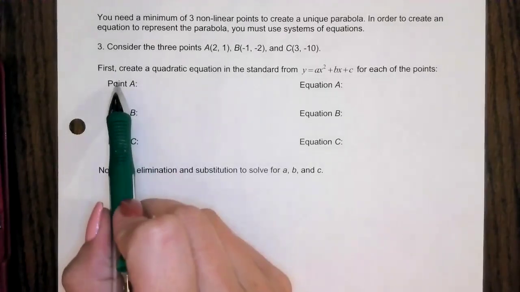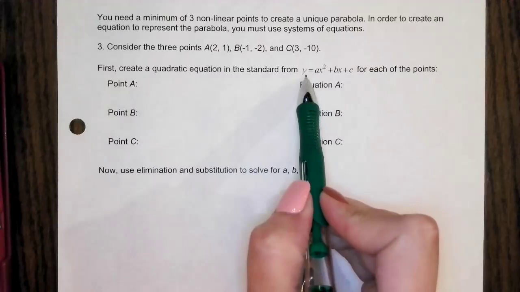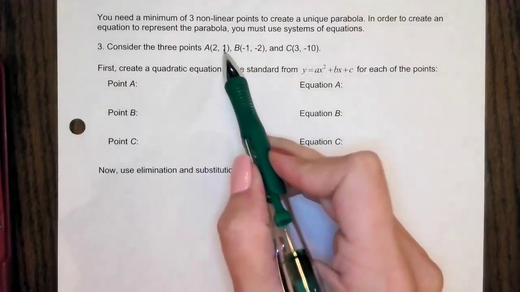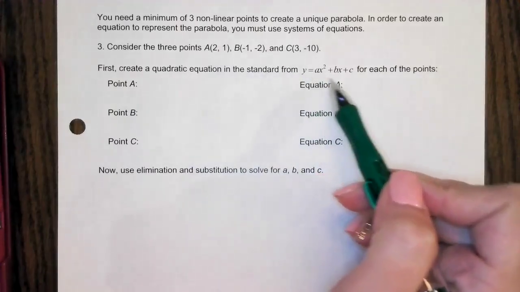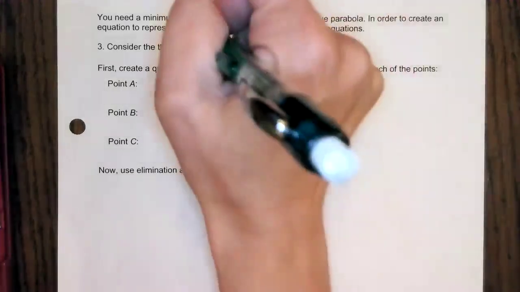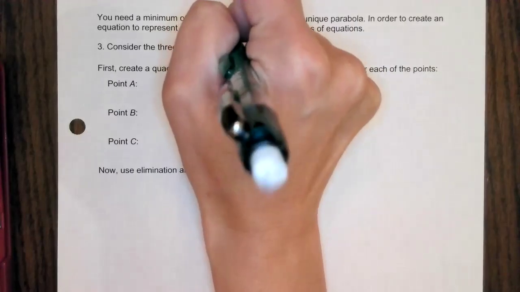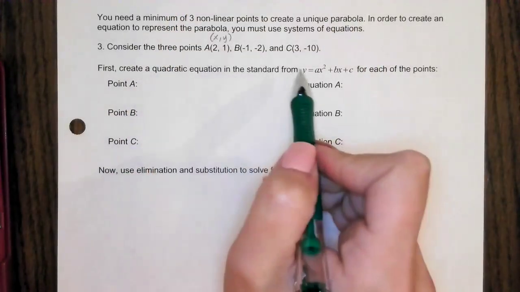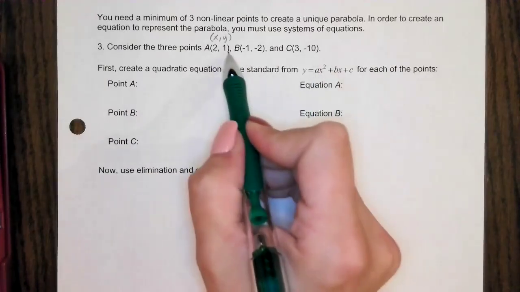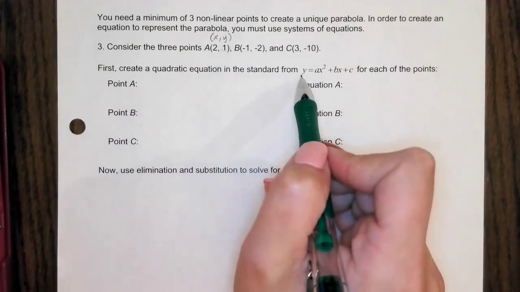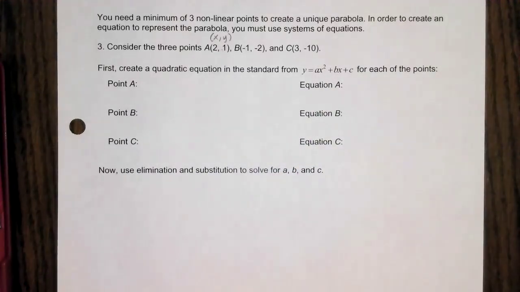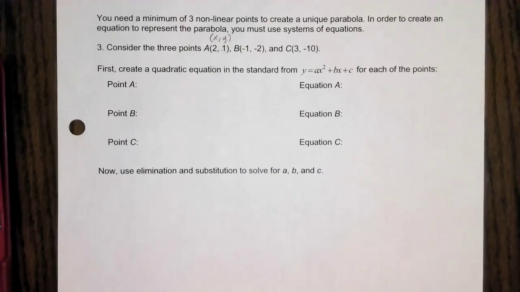All right, so we are going to create a quadratic equation in the standard form, y equals ax squared plus bx plus c. Now, all 3 of these points we're being told came from this equation. And we know ordered pairs are x, comma, y. So that means I can plug 2 into the x's, and I can plug 1 into the y's. So I plug in 2 into the x's and 1 into the y, and I should be able to write the equation.